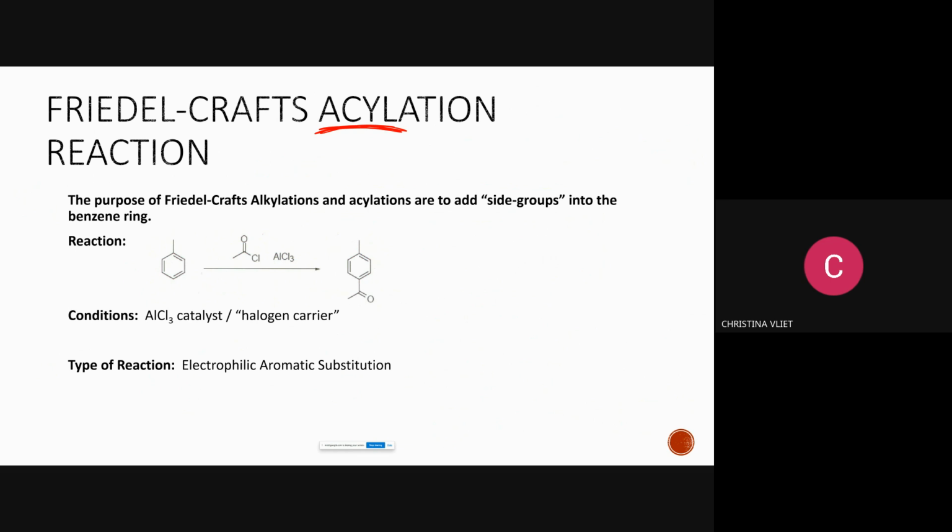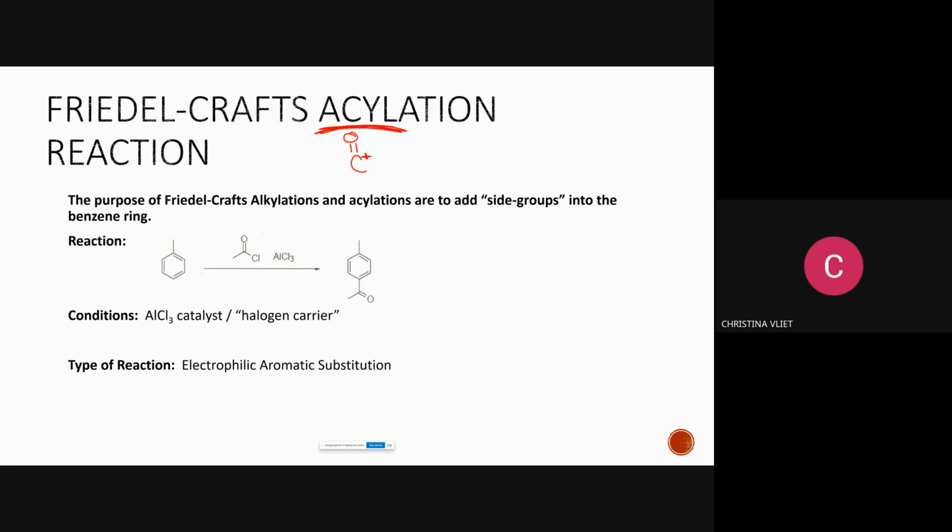Acyl means this. You're adding at the carbonyl. So in an acylation, instead of a carbon chain, you're actually going to have a C double bond O and then a carbon chain. So that's the difference between alkylation and acylation.